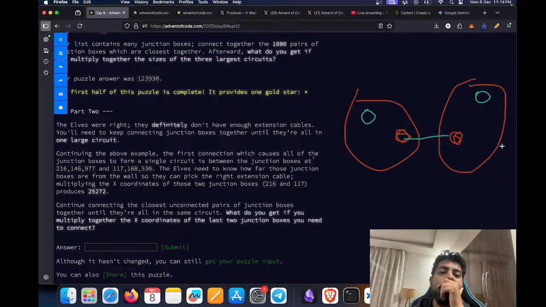So we are connecting these two sets, and we must do it until the size of this whole thing is 1, which will eventually happen.